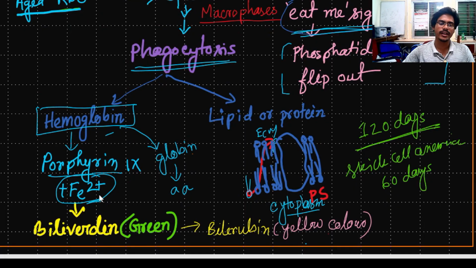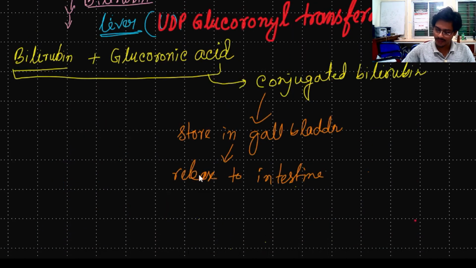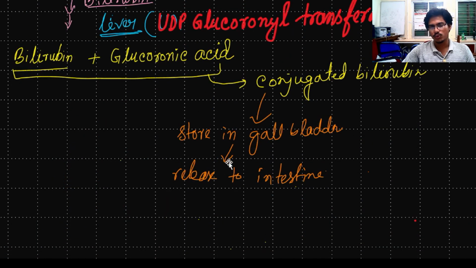The porphyrin and Fe2+ are converted into biliverdin, which is green, then bilirubin, which is yellow, and then it comes to the liver. An enzyme, UDP glucuronide transferase, binds the bilirubin with glucuronic acid, and that is known as conjugated bilirubin, which is stored in the gallbladder and released into the intestine.